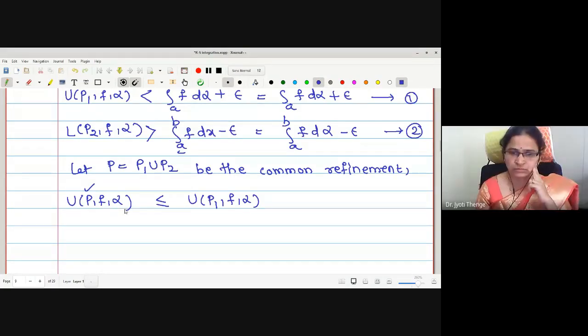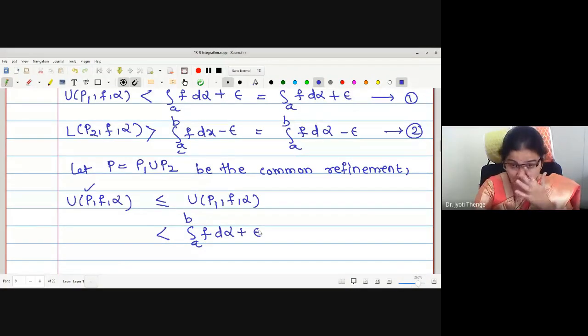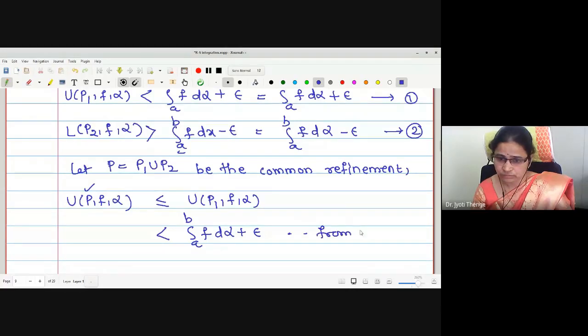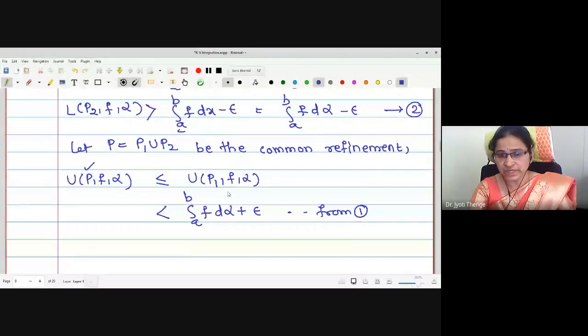So U(P1, f, alpha) is strictly less than the integration from a to b of f d alpha plus epsilon, from 1. But for this integration, from 2, the integration value is less than the lower sum plus epsilon.